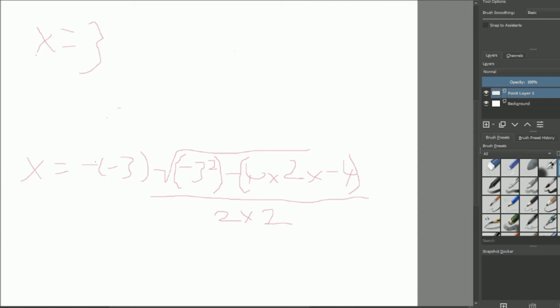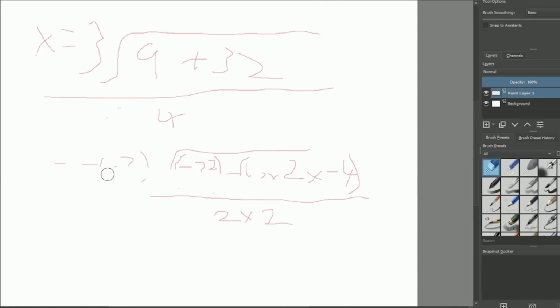That was really awful to say, but negative 3 is actually a positive 3. Then we change the ones in here into 9 plus 32. And then we times 2 by 2, really simple, 4.